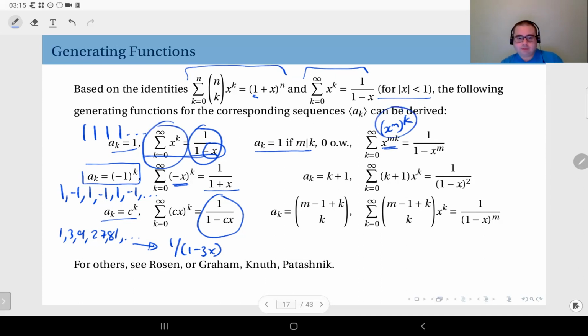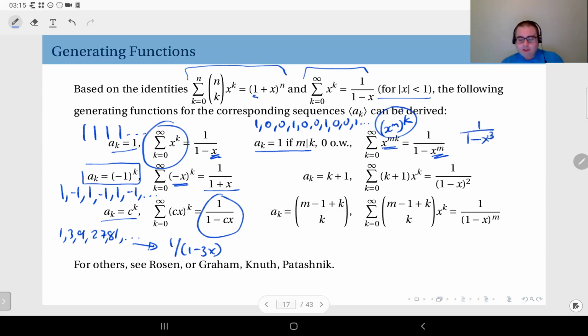That's the only difference. So this is how you obtain such identities. So this is like 1 0 0 1 0 0 1 0 0 1 and so on. That would be 1 over 1 minus x to the power 3.